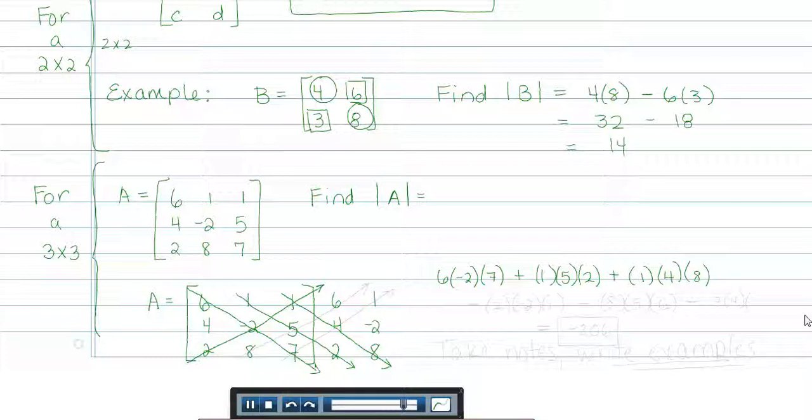So it'll be minus 2 times negative 2 times 1, minus, and then you're going to work a second diagonal going up, 8 times 5 times 6, minus the last diagonal, 7 times 4 times 1.